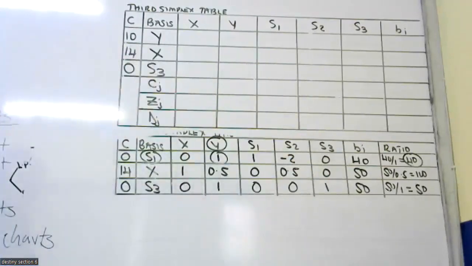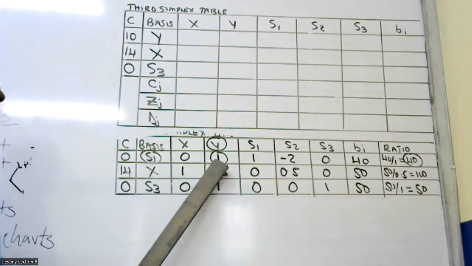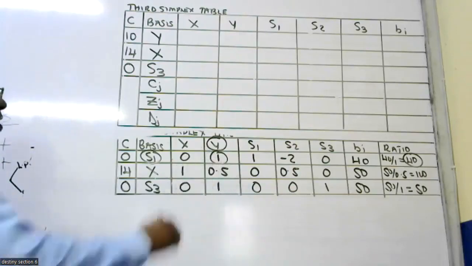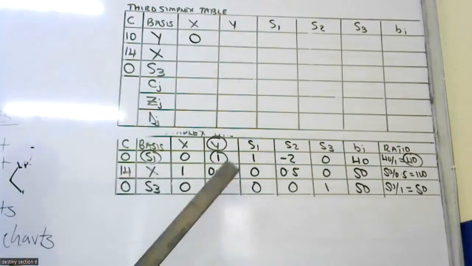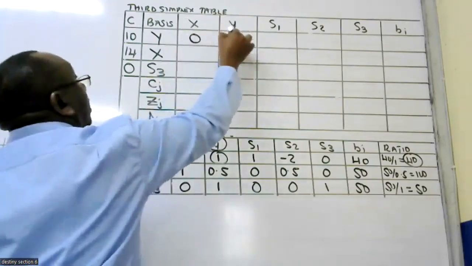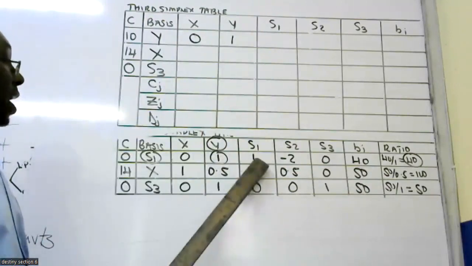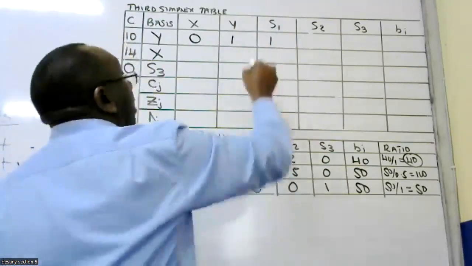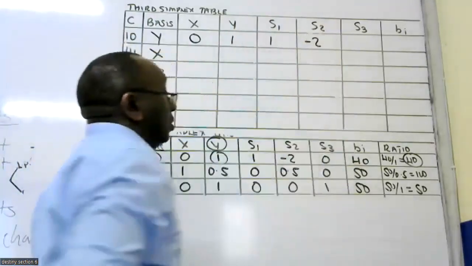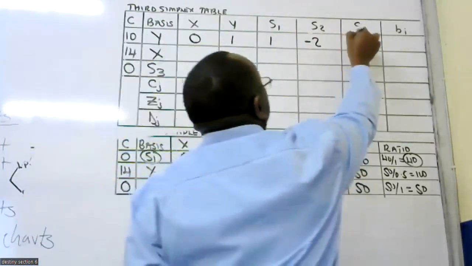So from there, what next is unakuja kwa hii old table, the row hii yenye tulichukua the lowest, you divide everything by the key element. So utasema 0 divided by 1 is 0, so unaiweka hapa. Then 1 divided by 1 is 1. 1 divided by 1 is 1. Minus 2 divided by 1 is minus 2. 0 divided by 1 is 0.